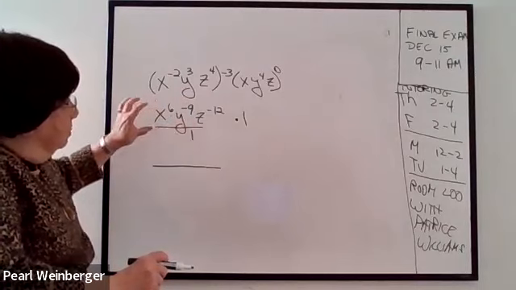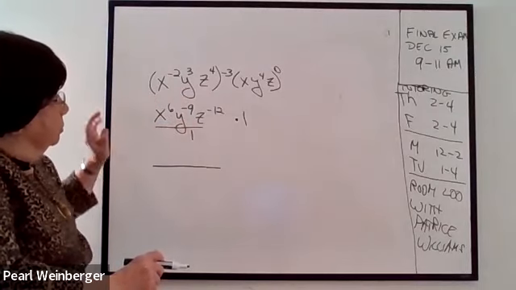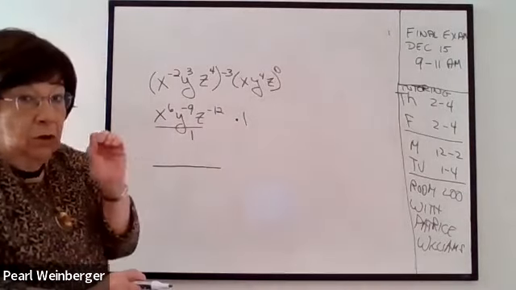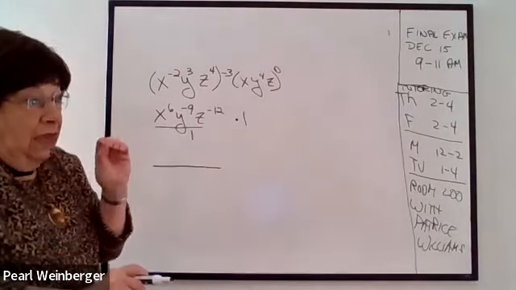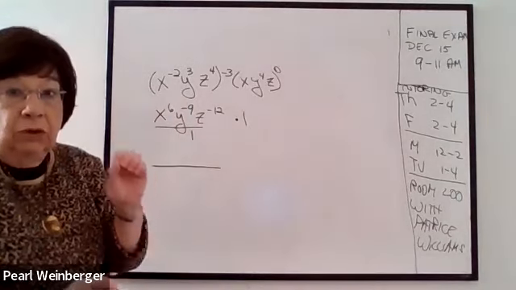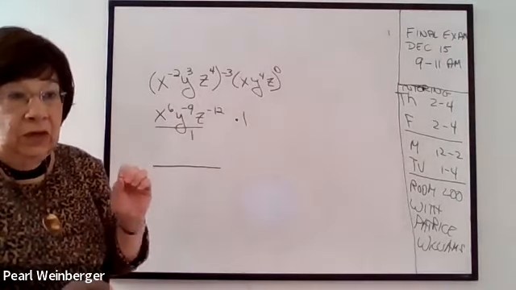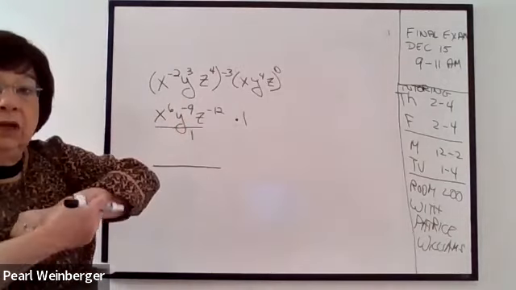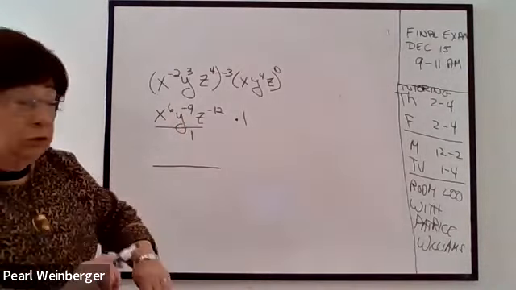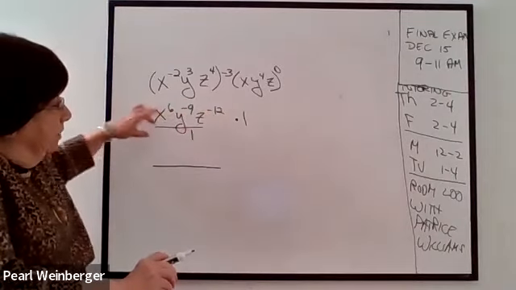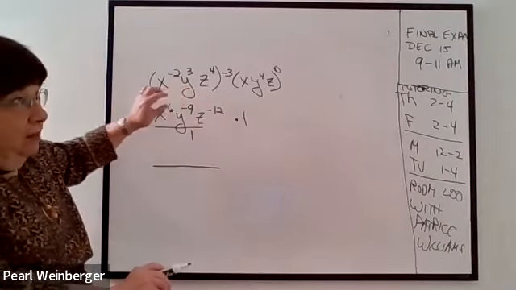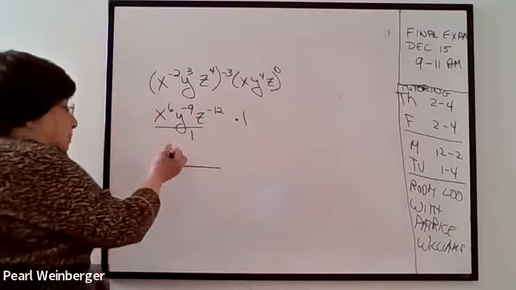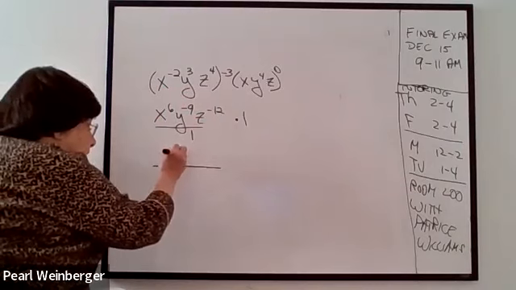We're now going to move things around so that anything with a positive exponent will stay where it is. Anything with a negative exponent will get moved. That means if it's in the numerator, it'll go to the denominator. If it's in the denominator, it'll go to the numerator. It turns out we only have a numerator here, so the negative exponents are going to go down. This x to the 6 has a positive exponent, so it stays on top.